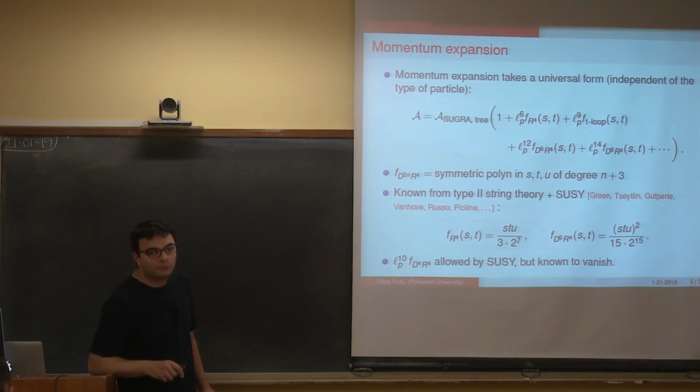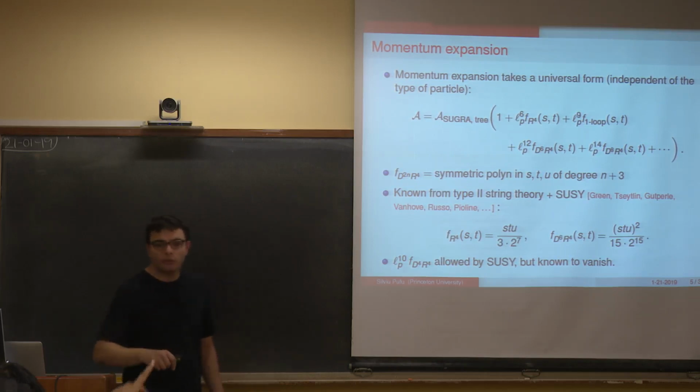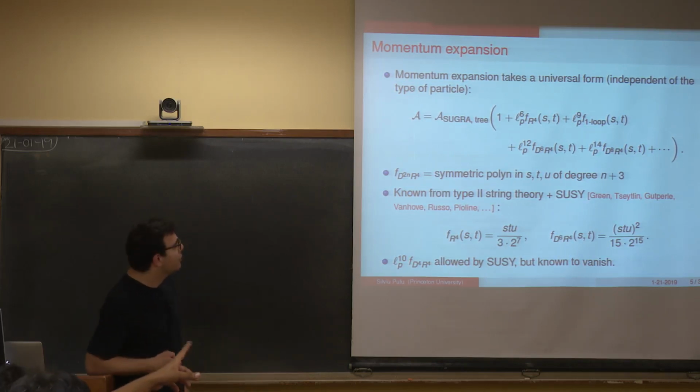Is that saying something about the 3-point, some constraint on the 3-point vertices, or the exchange diagrams? That I'm not sure. You're asking related to this comment that this one vanishes? This is known to vanish because there's no string theory amplitude that can lift to it. It doesn't have the right dependence on G string. Even more basic question before looking at the scattering: if you look at just 3-point, what sort of vertices does string theory give?